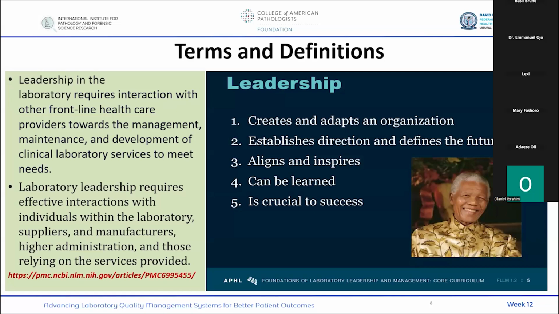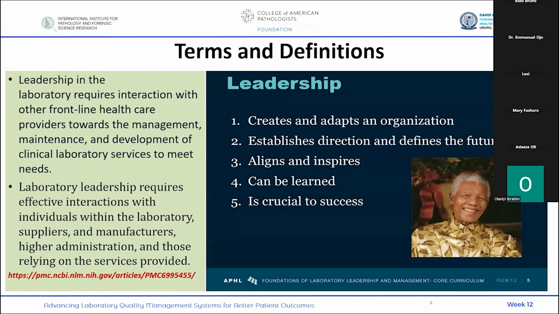So leadership establishes direction and defines the future. Establishes direction because it is leadership that has a vision that aligns with the organization mandate. And it helps to align and inspire other people.